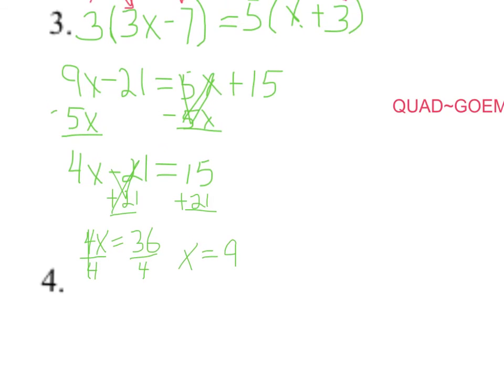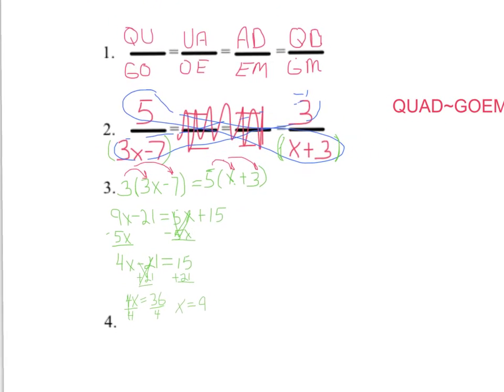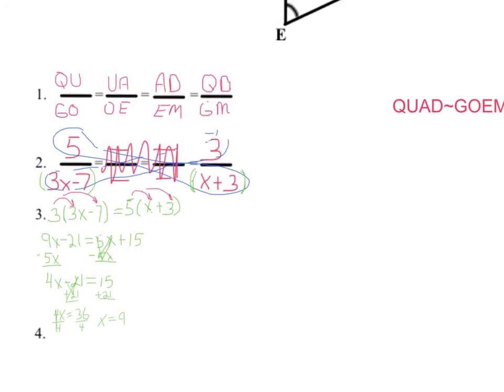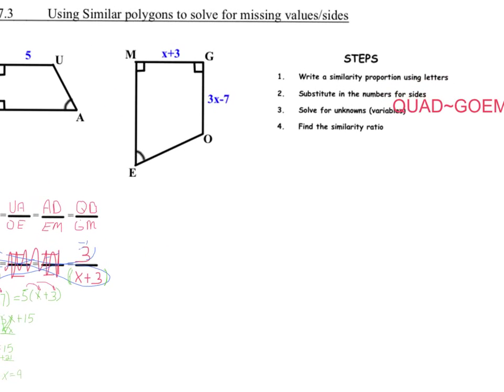We'll take a look up here, back at our large proportion, and we have an x here that we need to substitute the 9 in for, and then we have an x over here. So we will very simply just rewrite those down here in step 4, where we are told to find our similarity ratio.